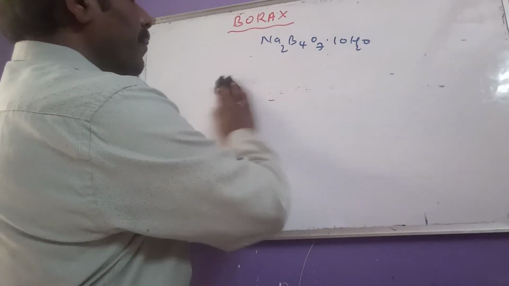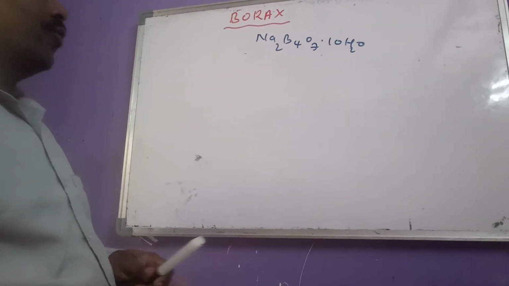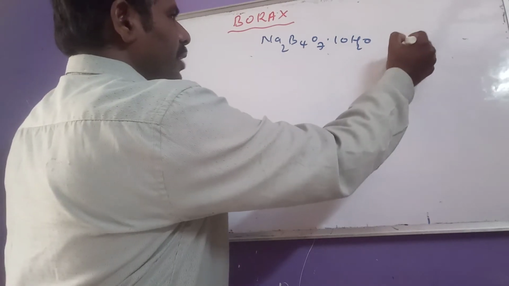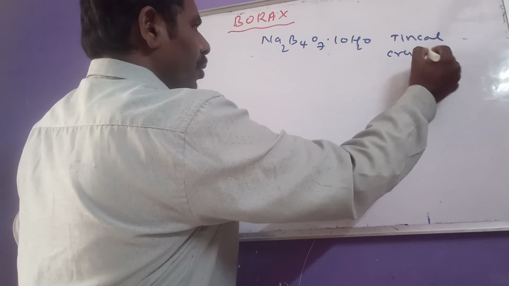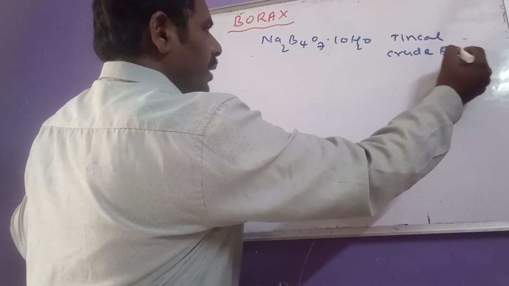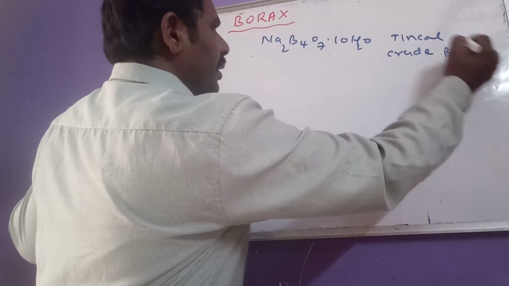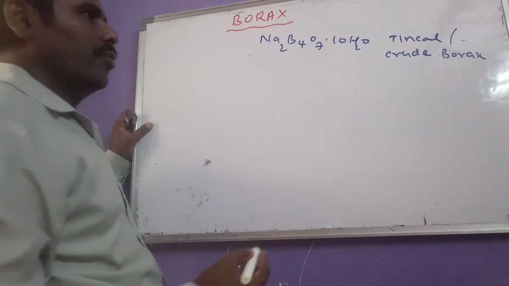And in general, borax in nature exists in two forms. What are those? One is known as tincal, or crude borax. Both having the same formula, crude borax or tincal, Na2B4O7·10H2O.